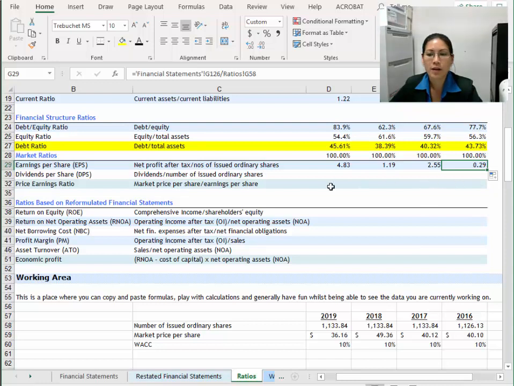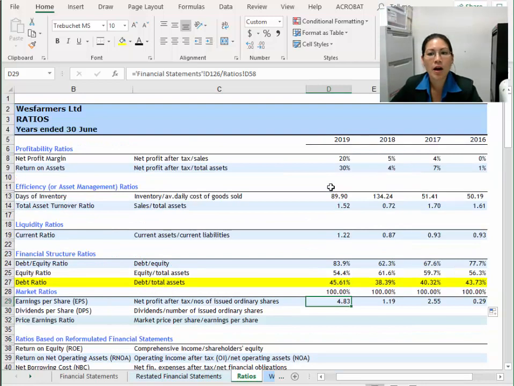It's not a weighted average. You might like to compare these figures to the ones that your company has calculated and see what's going on. For me, I'm going to look at the trend as well. So I'm going to say my earnings per share has increased. That's a really high one for Wesfarmers. I've never seen it like that for a long time. But it's in line with its profitability. See that big jump in profitability?